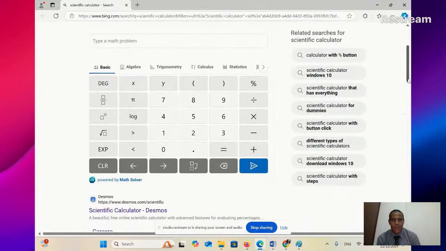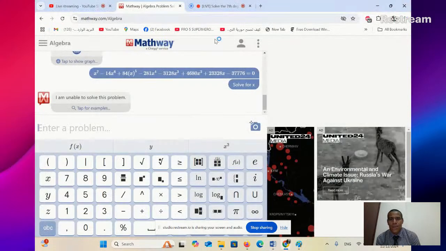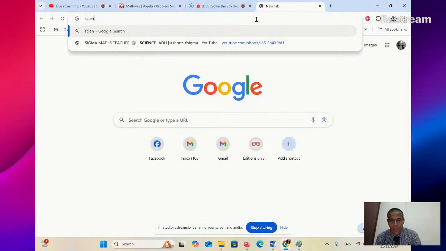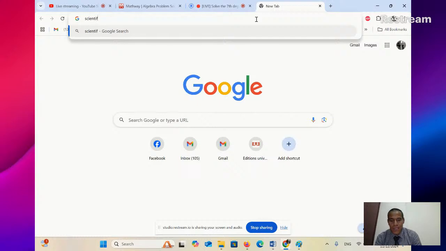I will try to open the scientific calculator here.